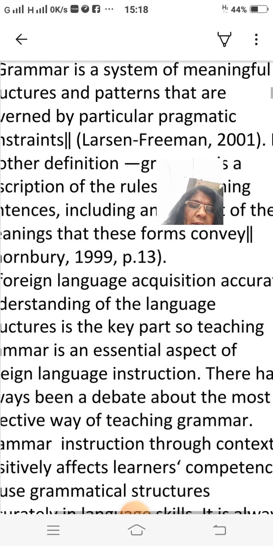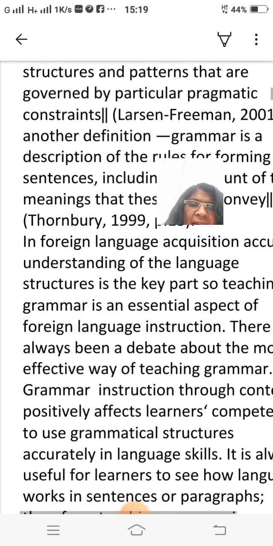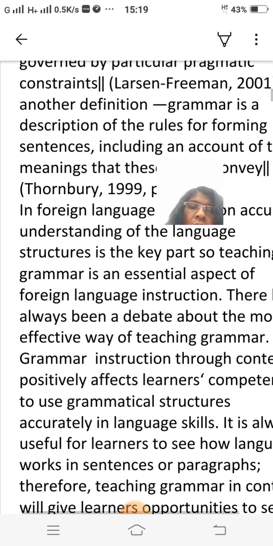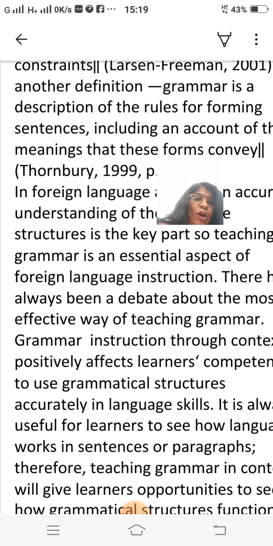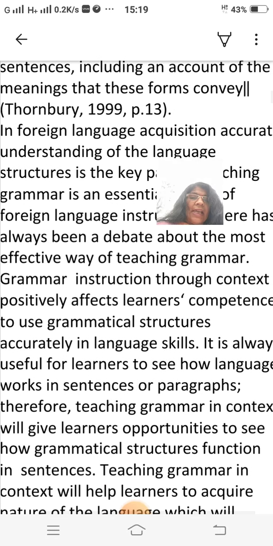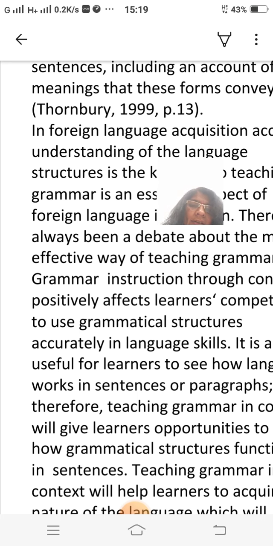So, teaching grammar is an essential aspect of foreign language instruction. There has always been a debate about the most effective way of teaching grammar. Grammar instruction through context positively affects learners' competence to use grammatical structures accurately in language skills.